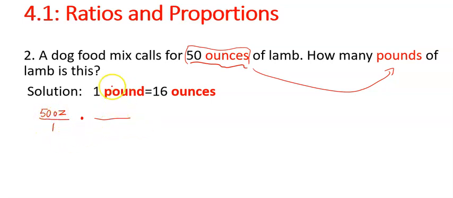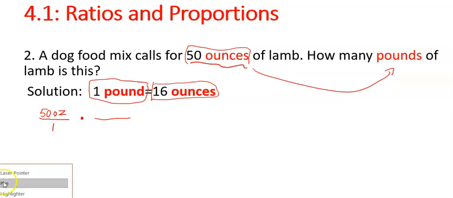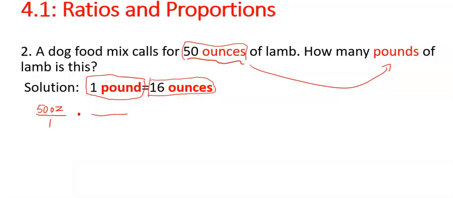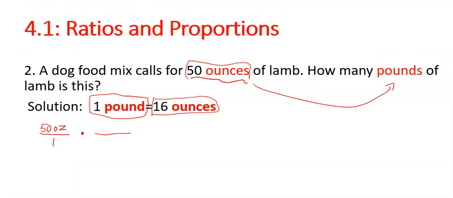Now, the second fraction will come from this conversion relation here. Now we know 1 pound. We're going to use the one side as our numerator, the other side as our denominator. But it's very important which one will be our denominator, because our final goal is to get rid of the ounces and to turn ounces to pounds.